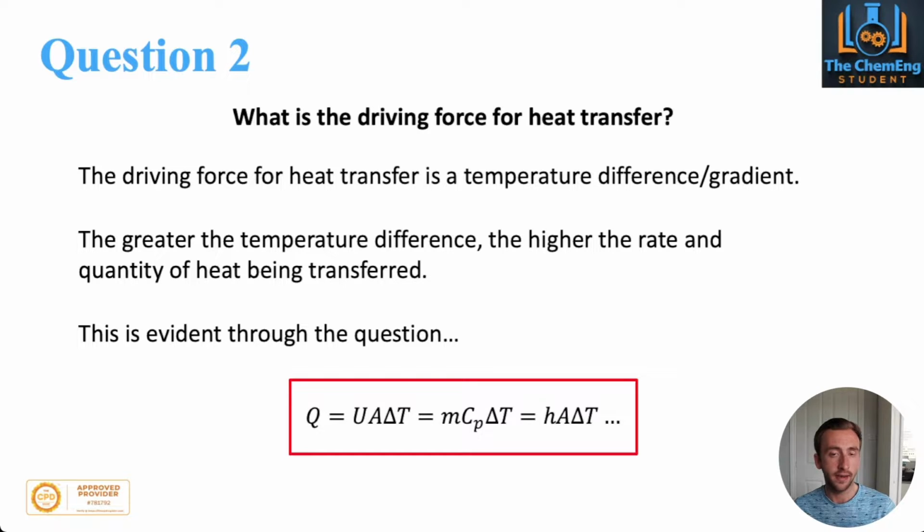So the higher the value of delta T, the higher the value of Q. So even having a piece of paper that you can write this stuff down to illustrate that you understand the process and the principle would definitely set you apart in an interview.